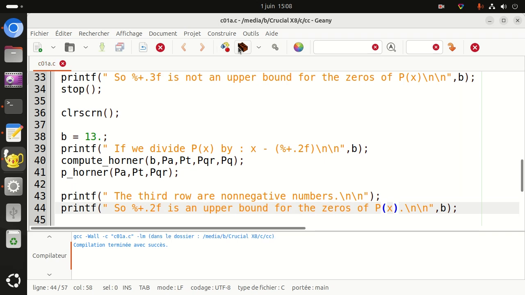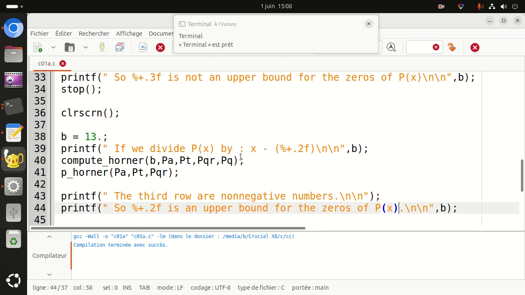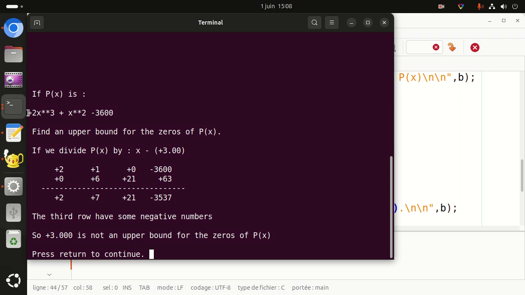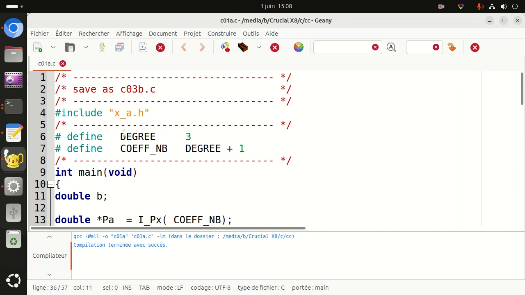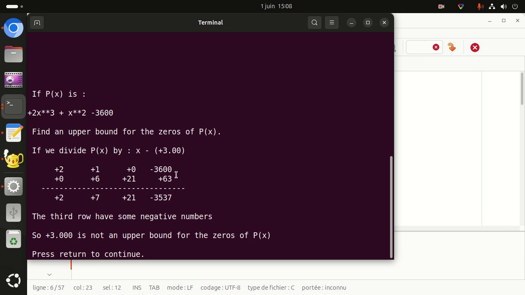Now I try the new example. This is the new polynomial. The degree of this new polynomial is 3. For the first part, I have chosen for b the value 3.